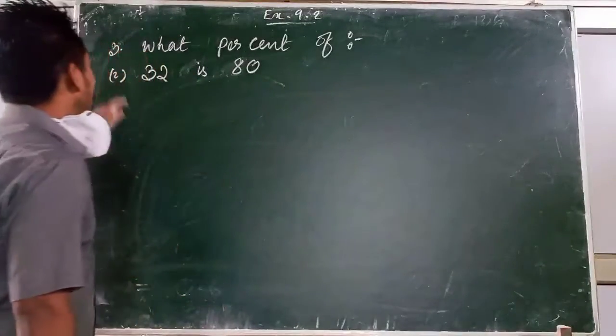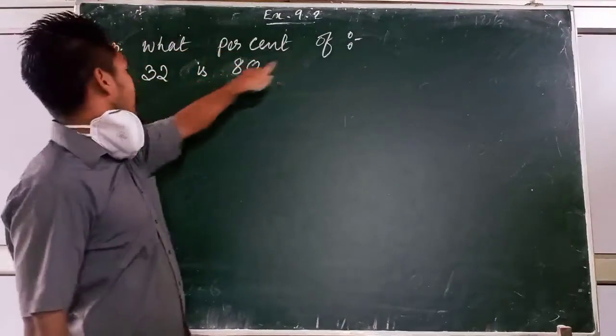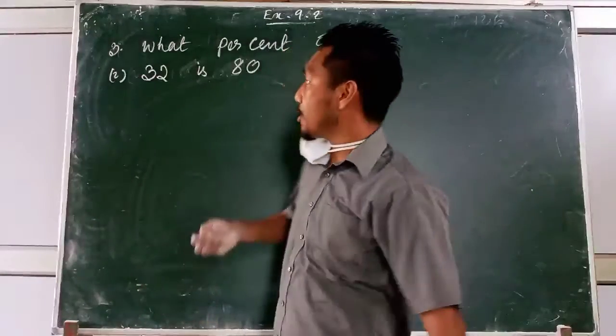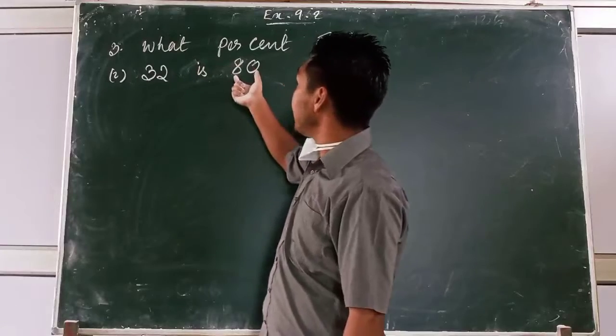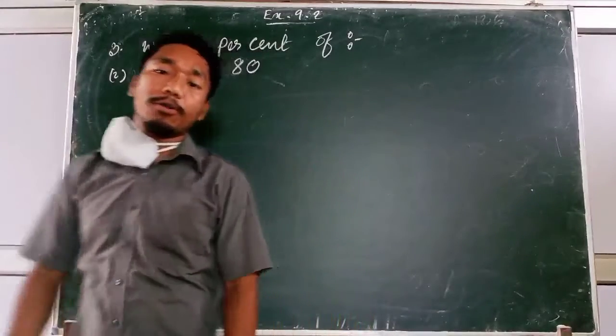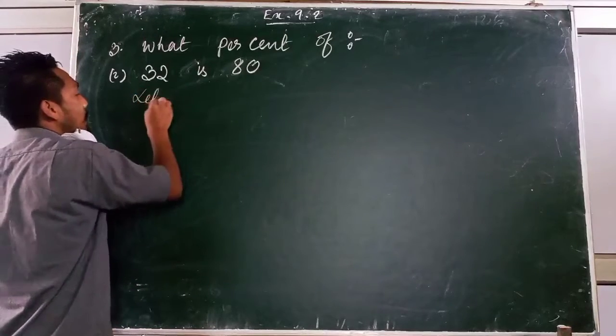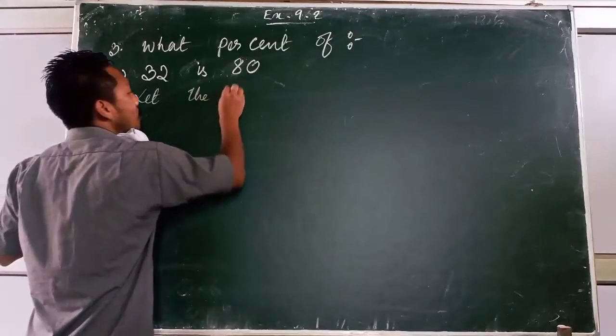Let's go to the next question, question number 3: what percent of 32 is 80? We have to find the percentage. How much percent will 80 be of 32? We don't know the percentage, so let the percent be x.